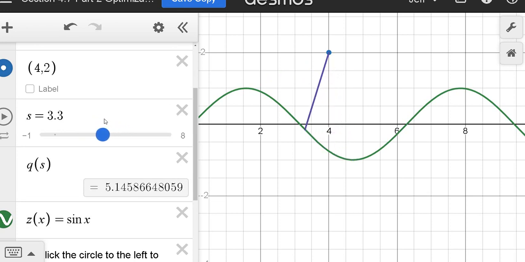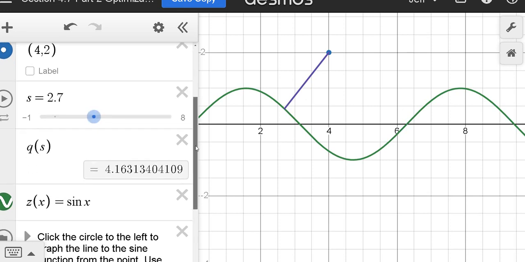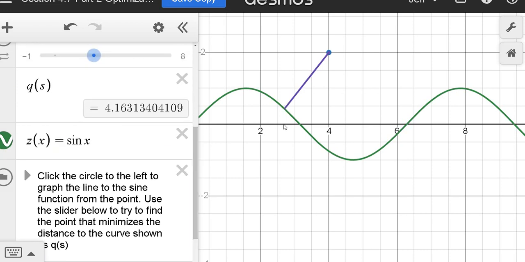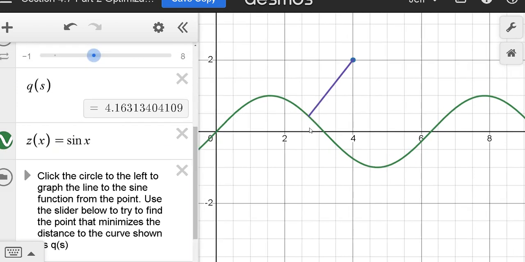Now, it looks like the minimum distance is going to be somewhere around here. The closest I can get is probably around 0.416. So let's see if we can figure out what coordinate points would be here at that point. It looks like x is 2 something and y is just under a half. Let's actually find out.